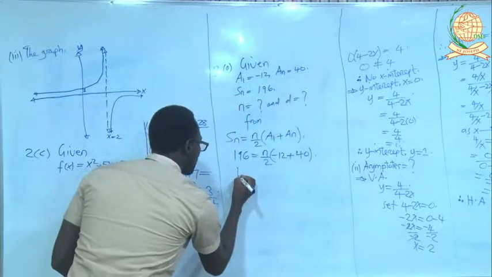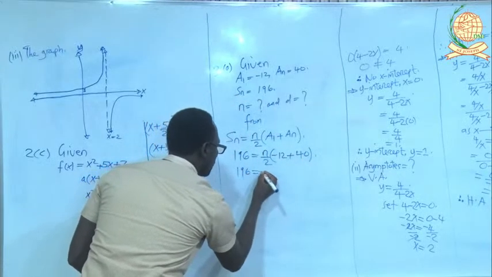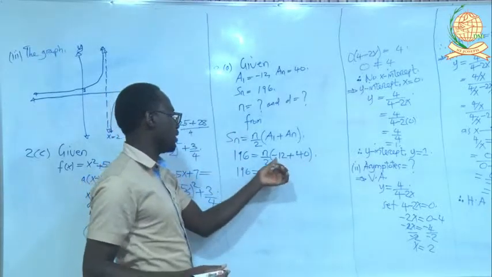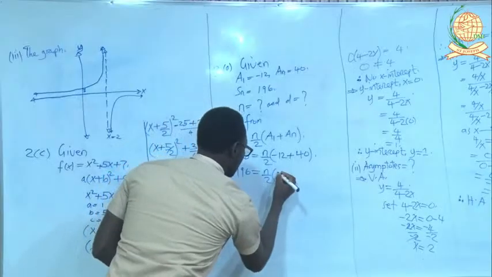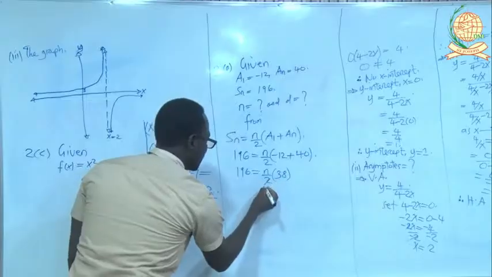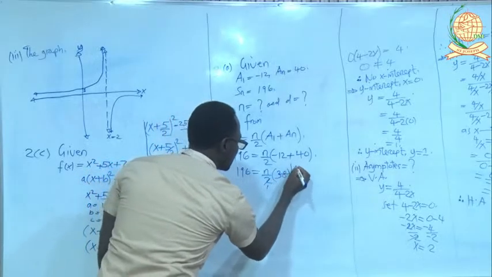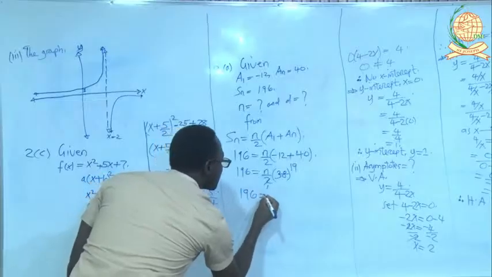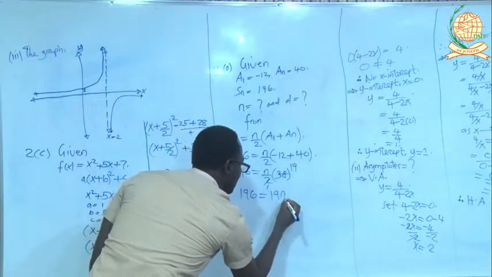Now 196 equals n over 2 in bracket. If you take 40 minus 12, you'll get 38. Simplify 38 by 2, it is 19. So 196 is equal to 19n.